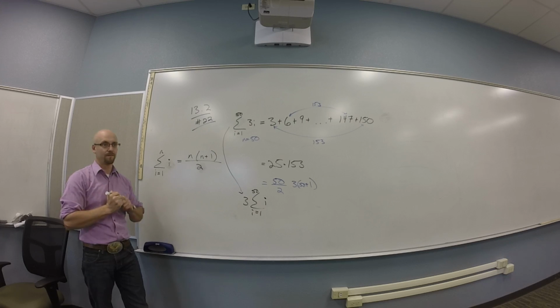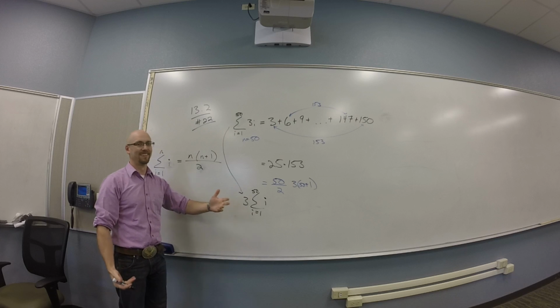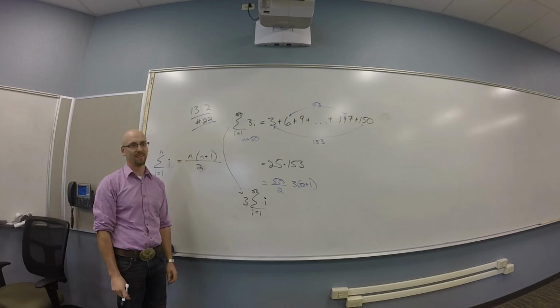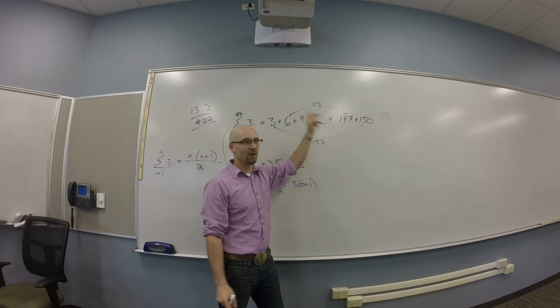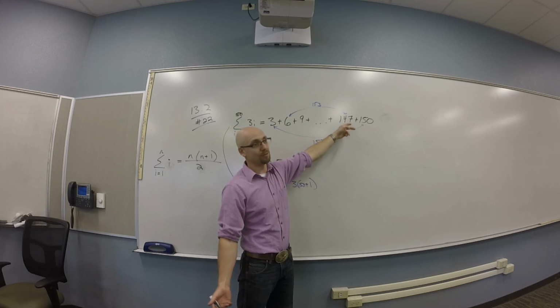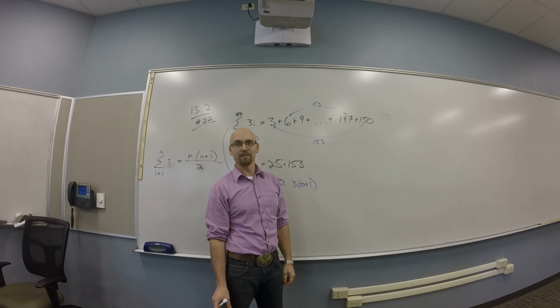You guys see that? I didn't tell you you could factor constants out like that. Why can you factor constants out like that? Because it's sort of a polynomial, right? It's just a bunch of terms added together. They've all got a 3 in them. You can factor a 3 out of all of that. You guys see that?